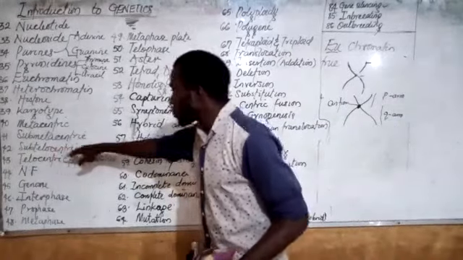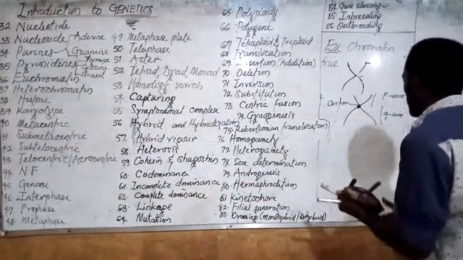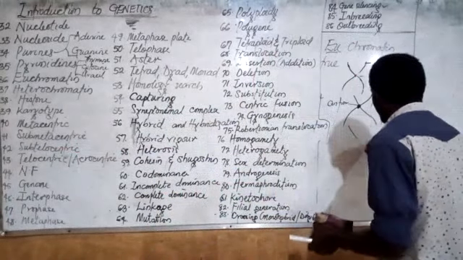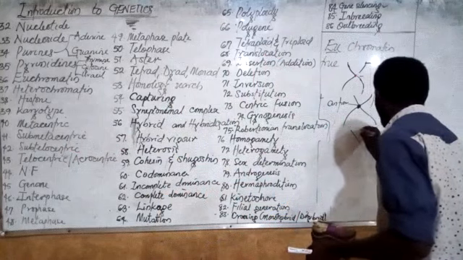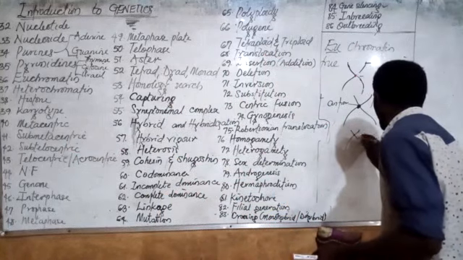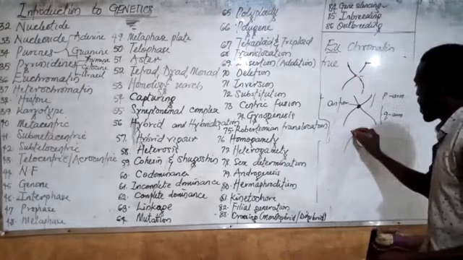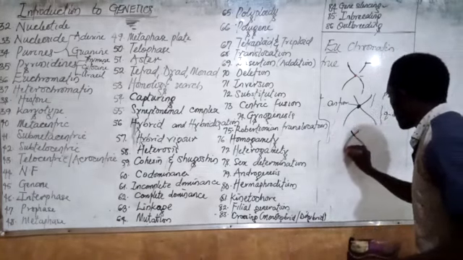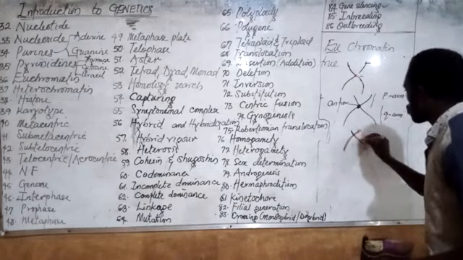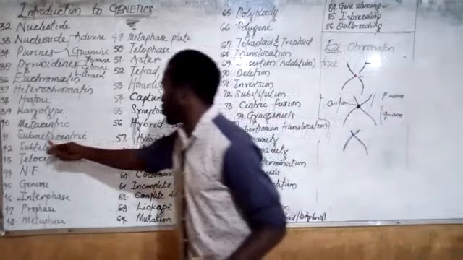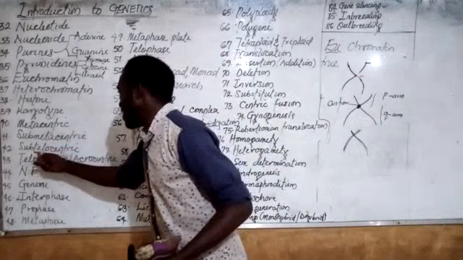Now the subtelocentric is one in which the centromeric region is well displaced away from the center. So it's close to the end. Remember telo? I told you telo means ending, right?